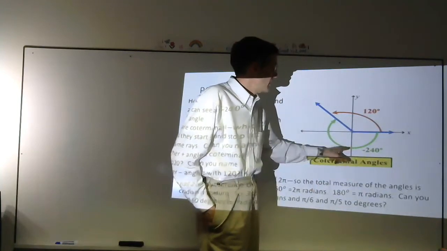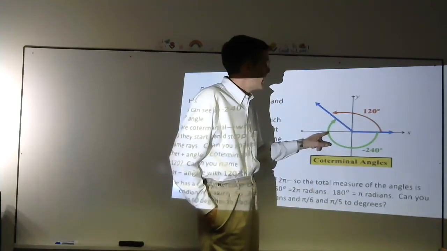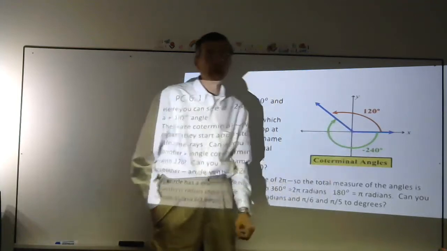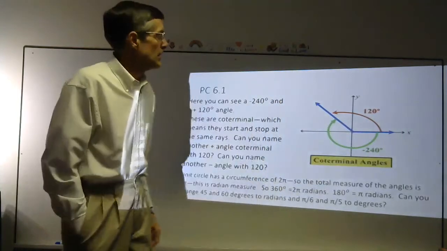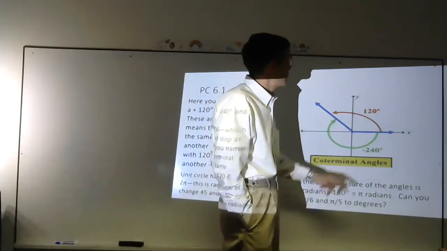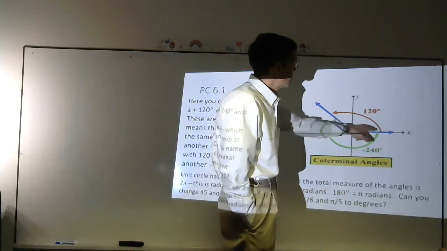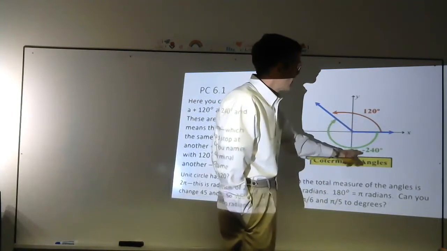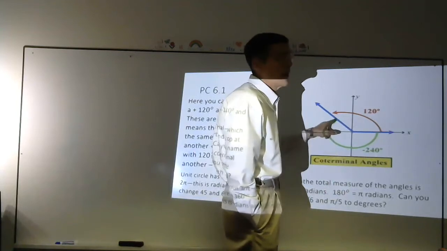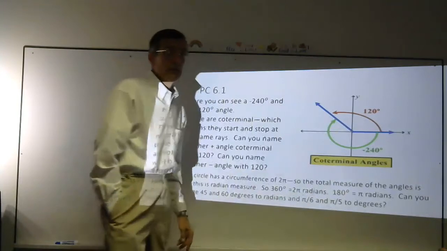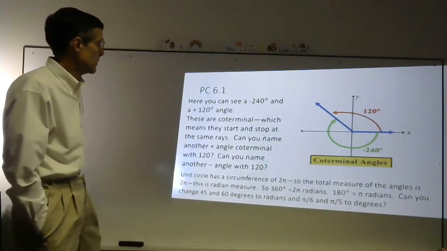So there's 90, there's a total of 180. 60 more degrees would make a negative 240 degrees. What's left over for the red angle? You could subtract that from 360. The red angle is 120, starting here, coming here. The green is a negative angle because it's going clockwise. This is a positive angle because it's going counterclockwise.